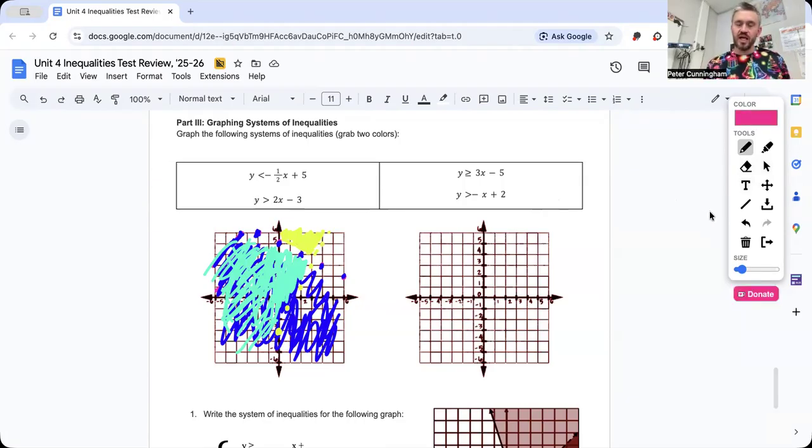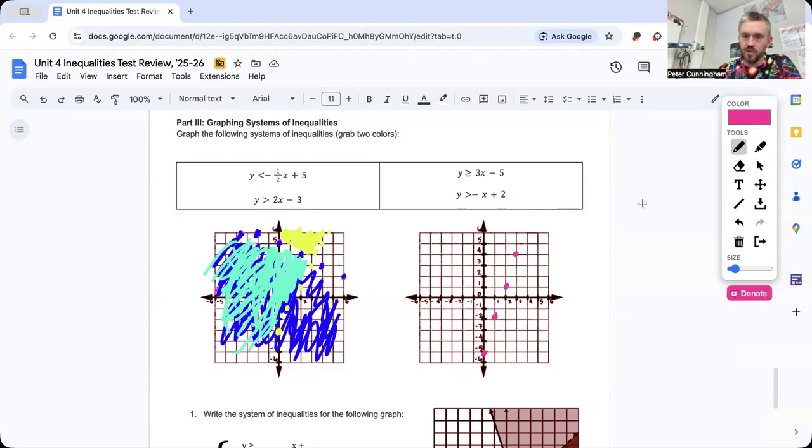Okay, let's try this again, but we'll just do it with cross sections instead of my whole art lesson there. All right, greater than or equal to 3x minus 5. Put minus 5. 3x, so up 1, 2, 3, 1, 2, 3.